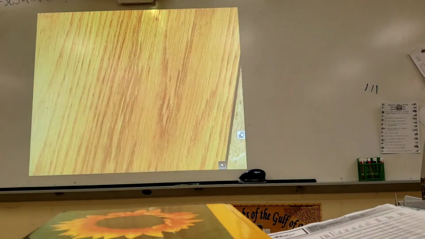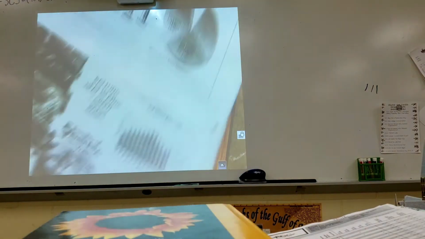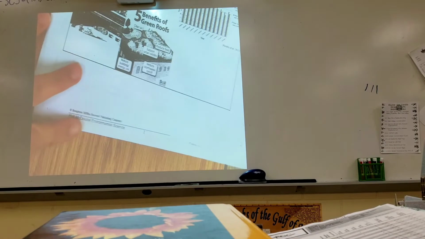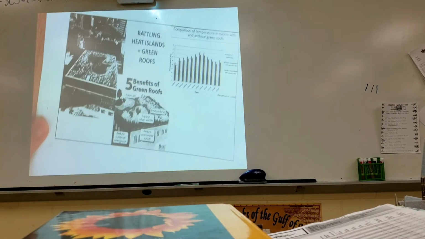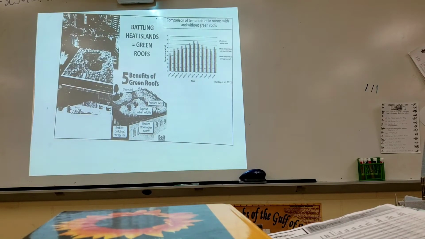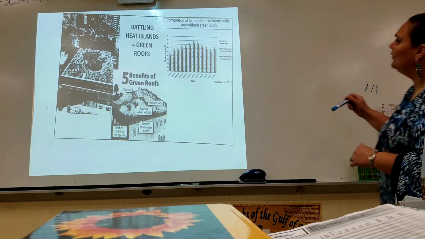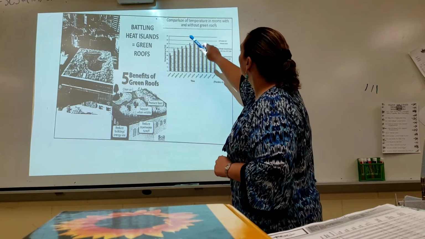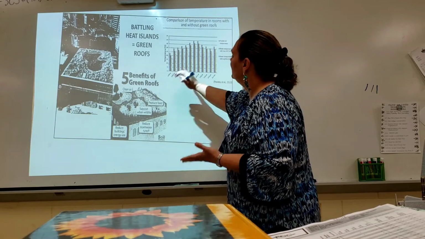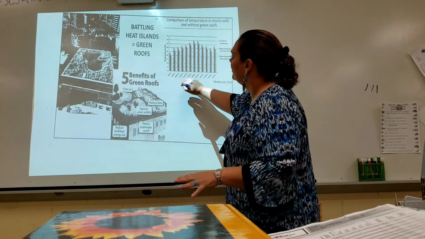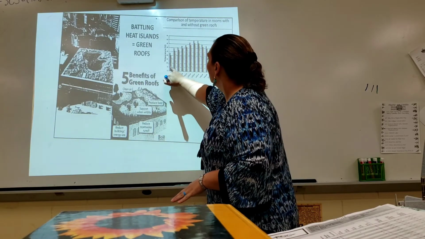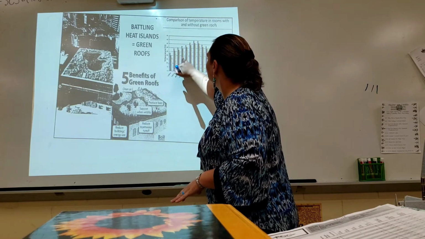Let me show you this. This is what I was telling you about. It will be a lot better on the website. A comparison of temperature in rooms with and without green roofs. I'm so sorry, it's so much better than the actual picture. But they'll show you the decrease in temperature.